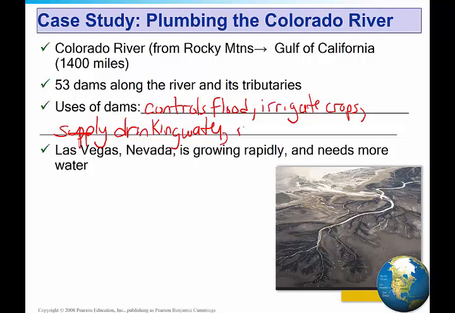Dams are also used for recreation because you can create a lake that people can swim in, and of course for electricity. So the Colorado River flows through many states, and Nevada is one of them. Nevada is a rapidly growing state, and they need more water.